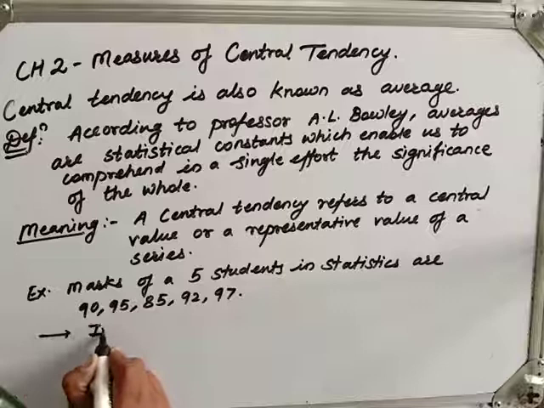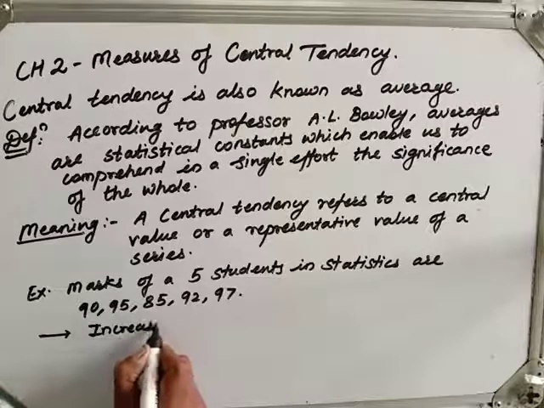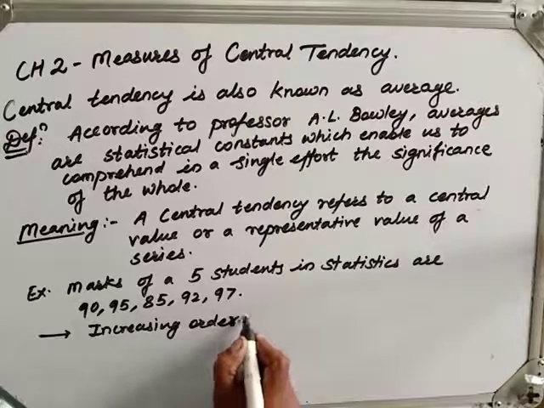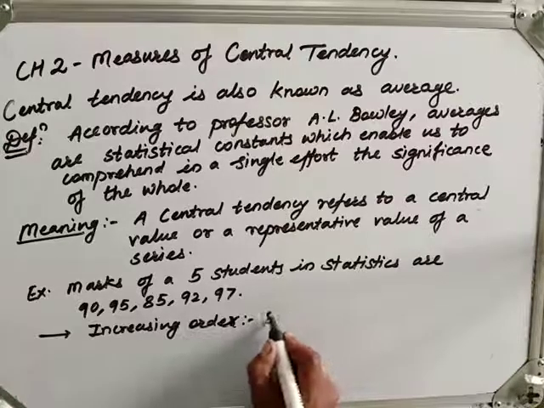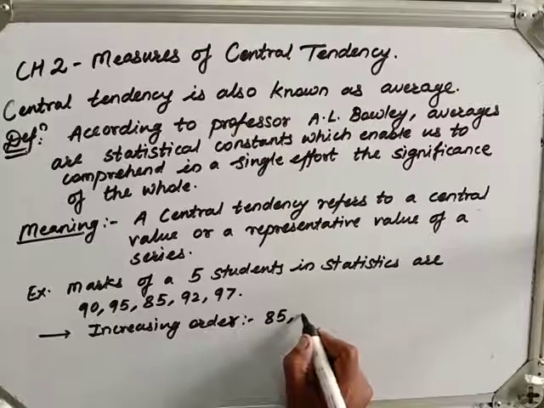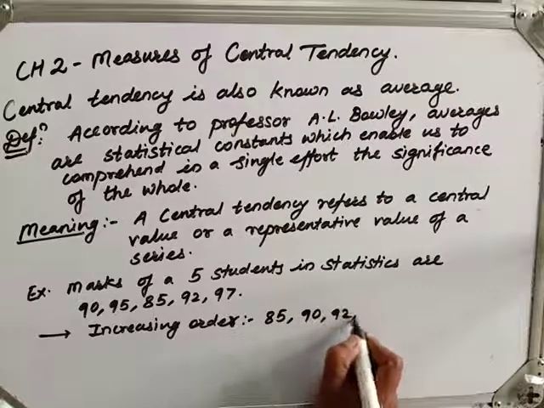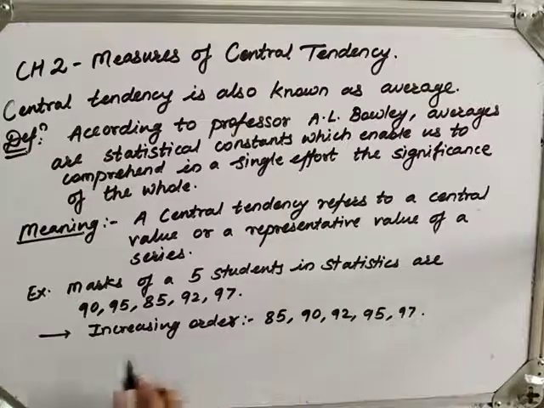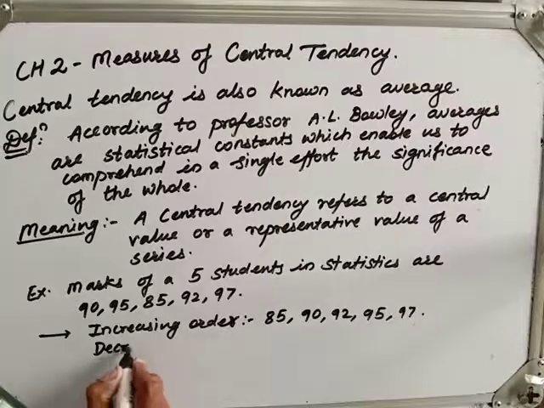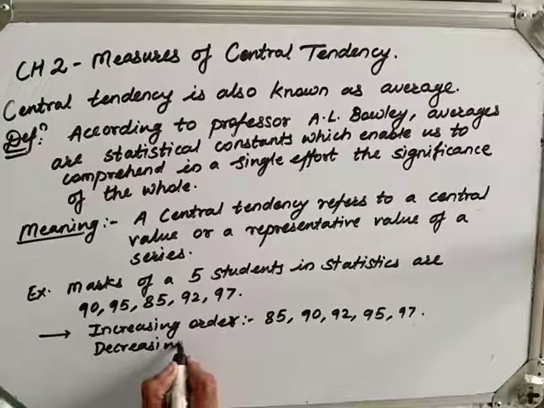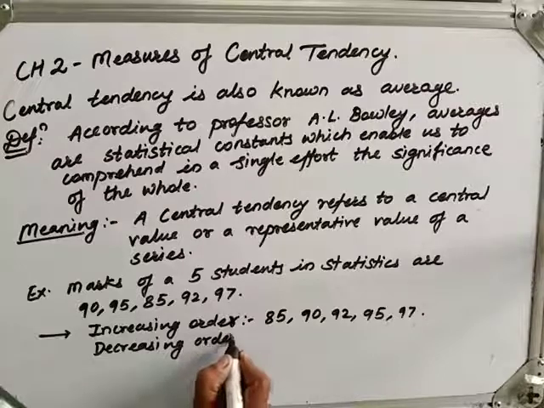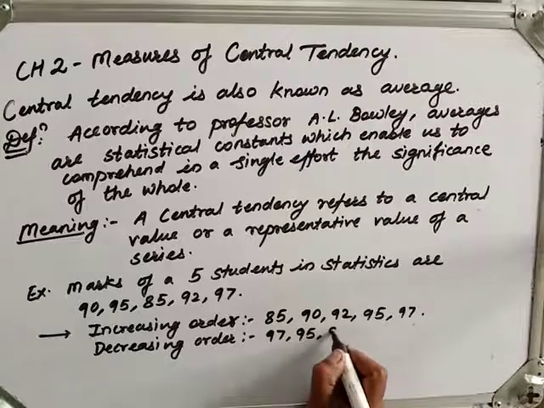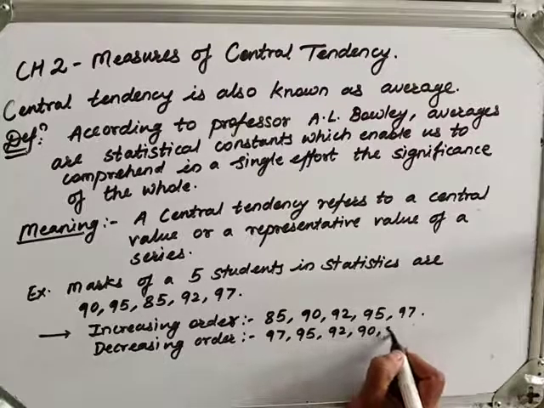Now, this can be written in ascending or increasing order: 85, then 90, 92, then 95 and 97. Also, the same one can be written in descending or decreasing order: 97, 95, 92, 90 and 85.